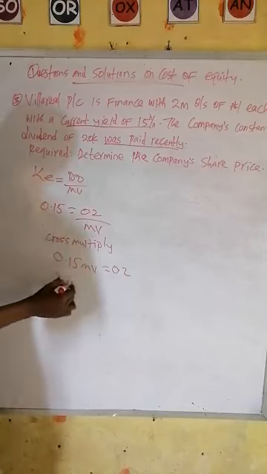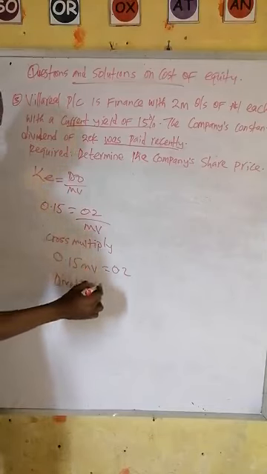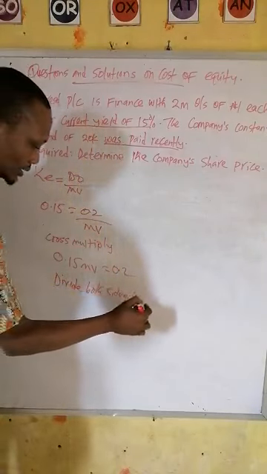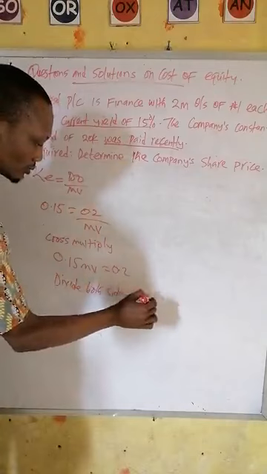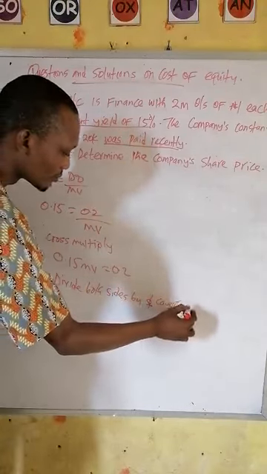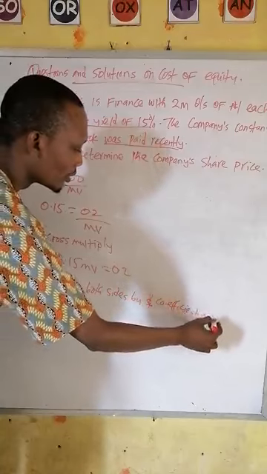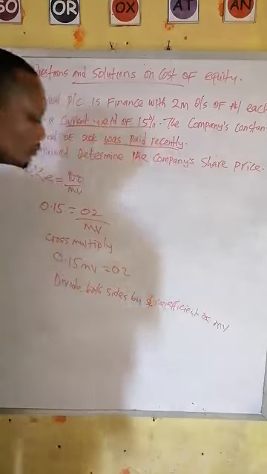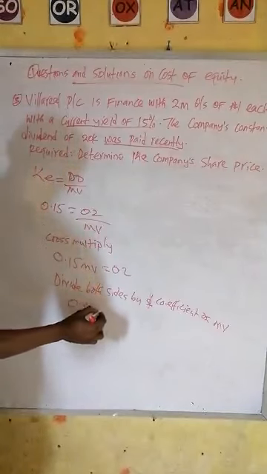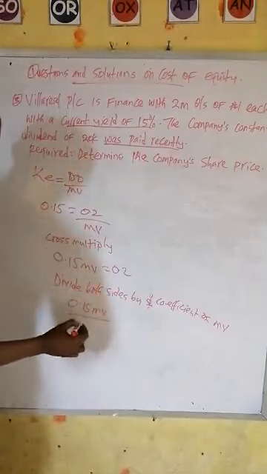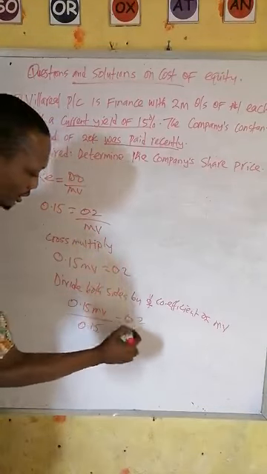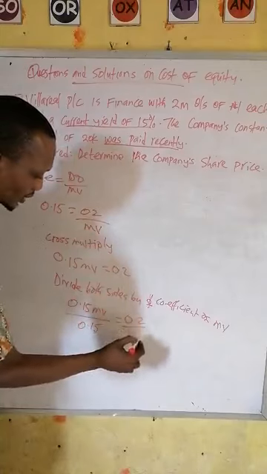So we have 0.15 MV all over 0.15 is equal to 0.2 all over 0.15.